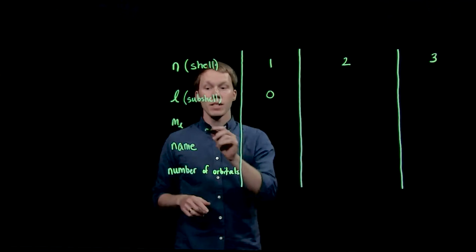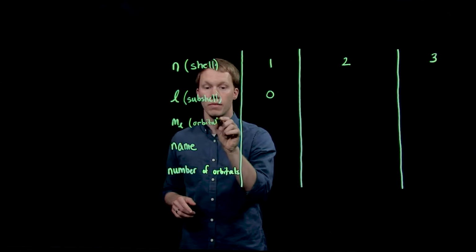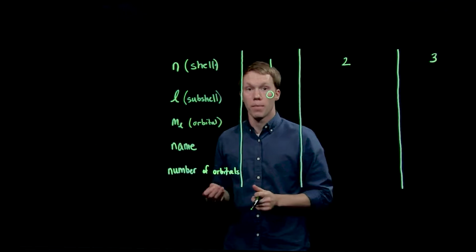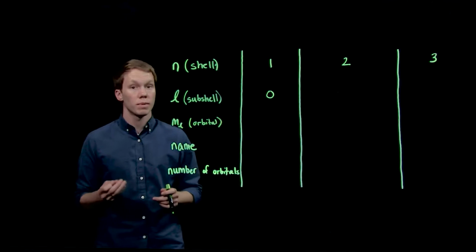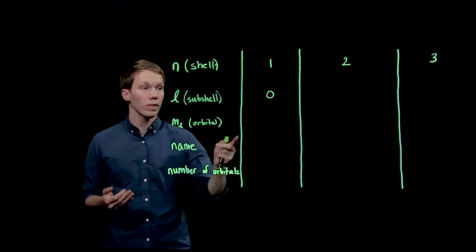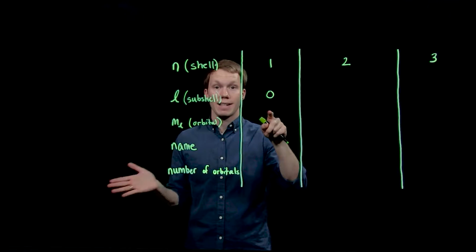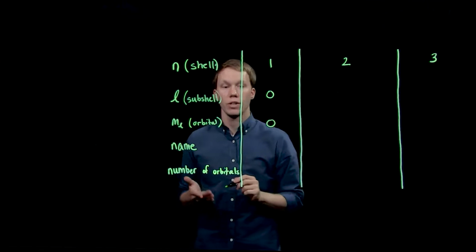When I go to m sub L, this tells me about the specific orbital. And the number of m sub L values tells me the number of orbitals that are present in that specific subshell. So m sub L ranges from minus L to plus L, including 0. So the only value here is 0.